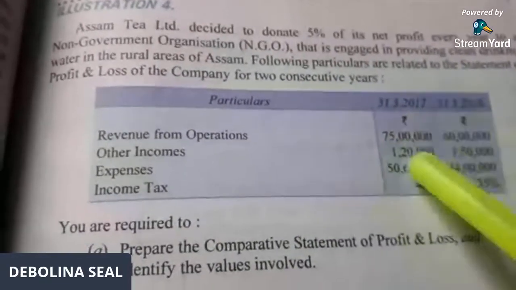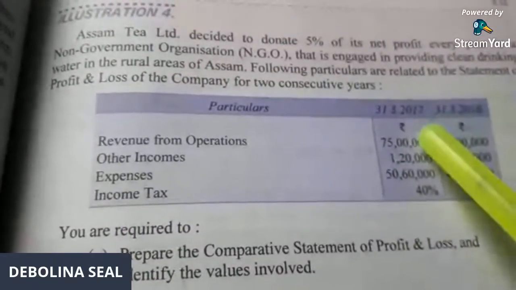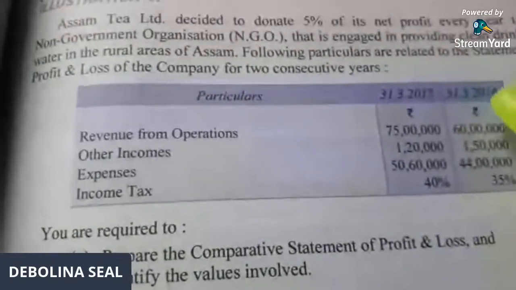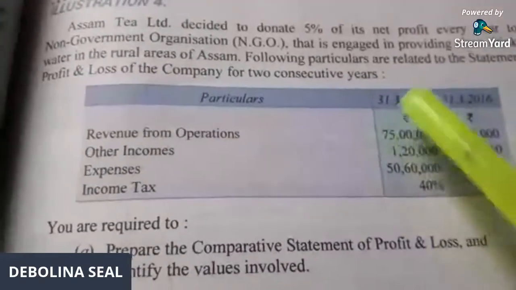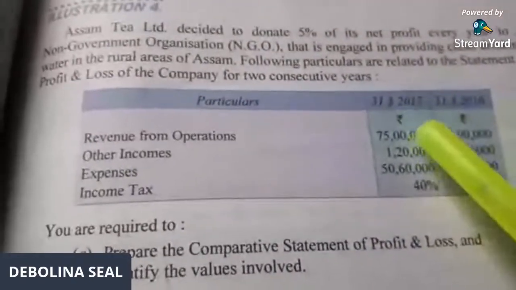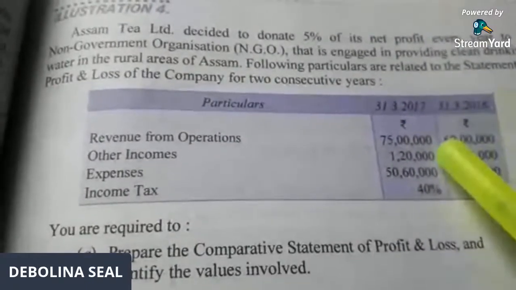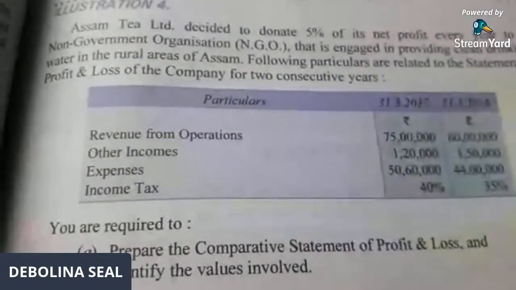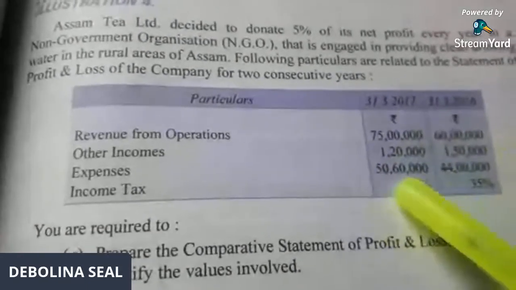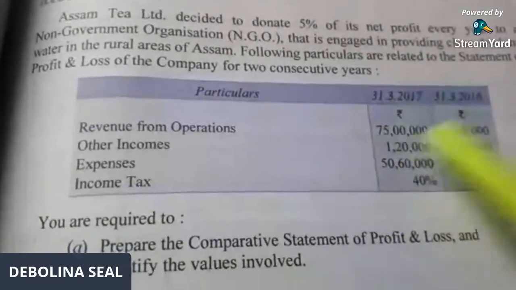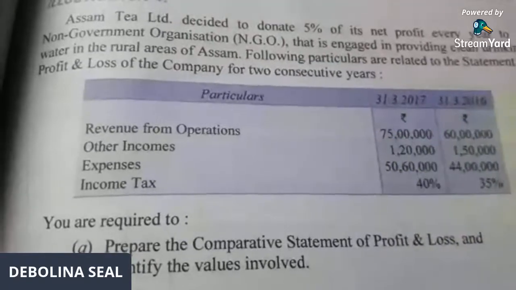That is the reason the name of the chapter is comparative statements. Now 2 years are given, one is 2016, another is 2017. In the morning I told you that you have to write the previous year at the beginning and the current year at the back. Otherwise your entire sum goes wrong. They will always provide you in this format, current year and previous year.